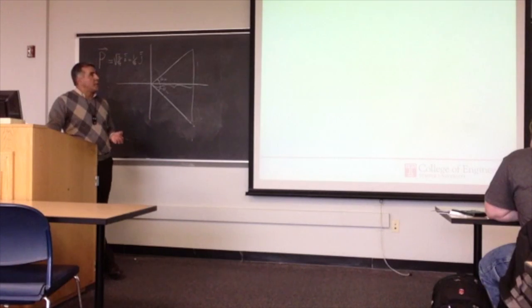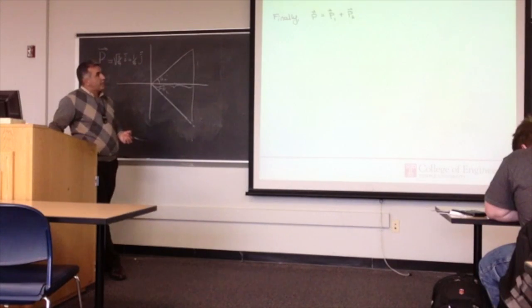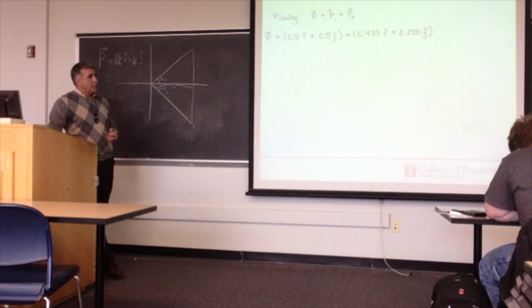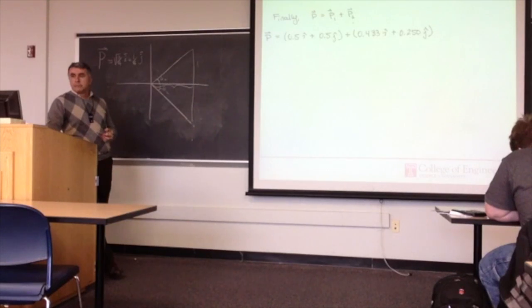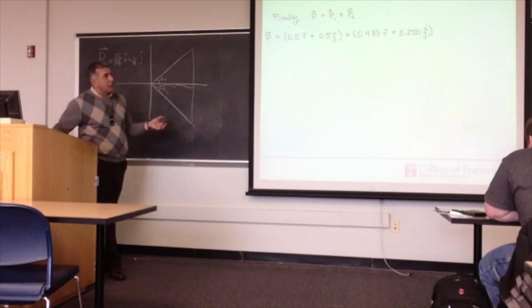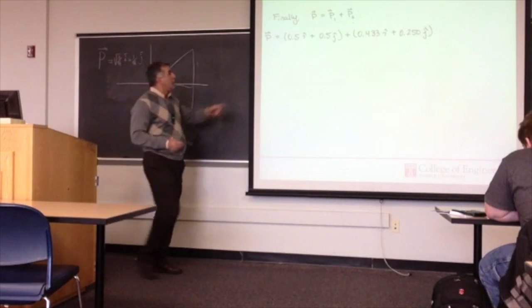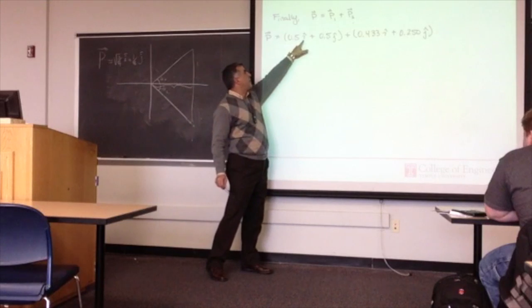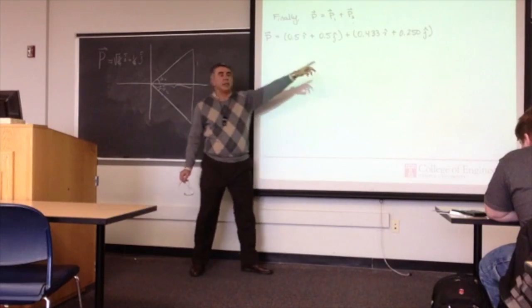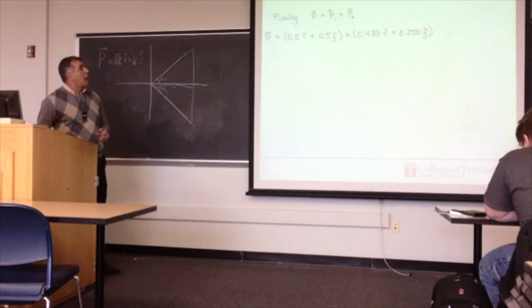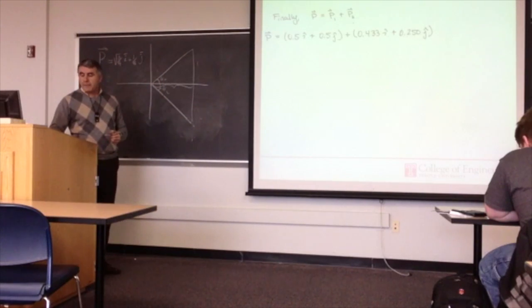Vector summation. All we have to do is replace it. You want to simplify it? Well, simplifying means factorizing. So basically you are summing up the portions that have i, in this case 0.5 and 0.433, and 0.5 and 0.25.